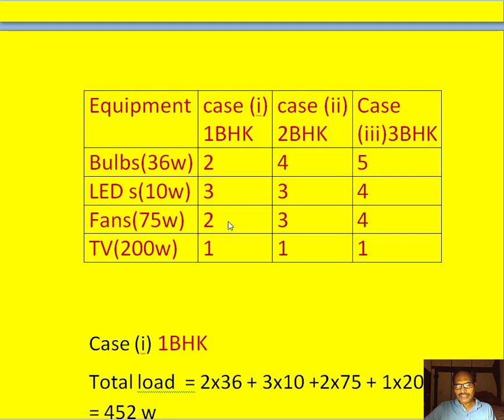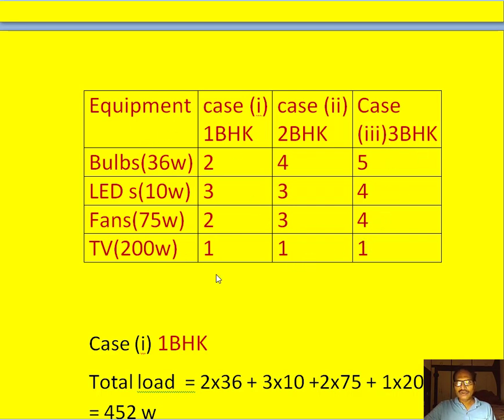Similarly fans, which have the rating 75 watts: in case of 1 BHK we use 2 fans, in 2 BHK we use 3 and in 3 BHK we use 4 fans. Similarly TV, whose rating is 200 watts: for 1 BHK we use 1, for 2 BHK also we use 1, for 3 BHK also we use 1.